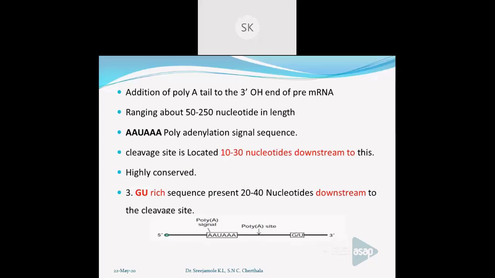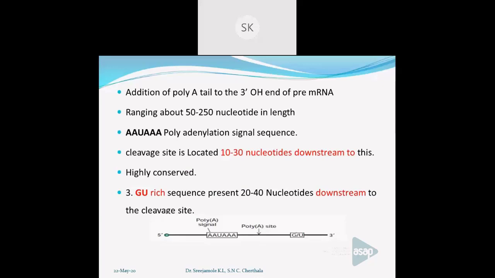And this particular adenylation happens after this termination sequence is recognized, that is known as the AAUAAA sequence. You may remember that in the last class we discussed the termination of transcription in eukaryotes. We mentioned this AAUAA sequence, which is the termination sequence recognized by the RNA polymerase enzyme.